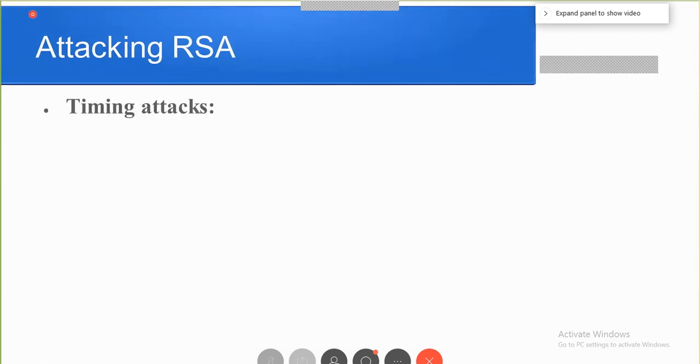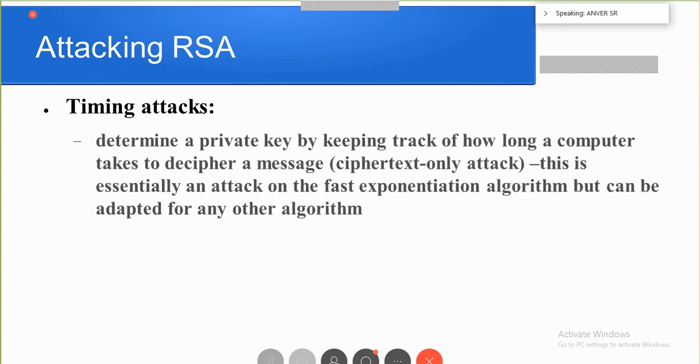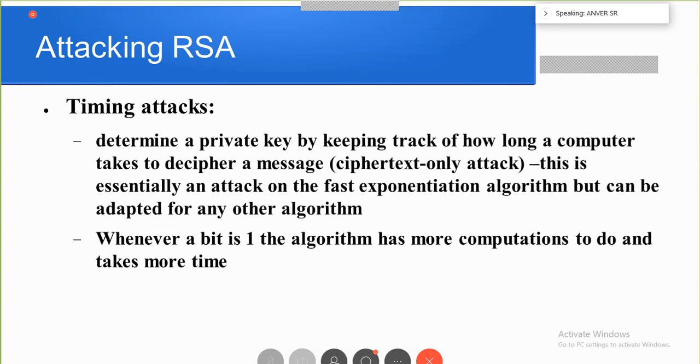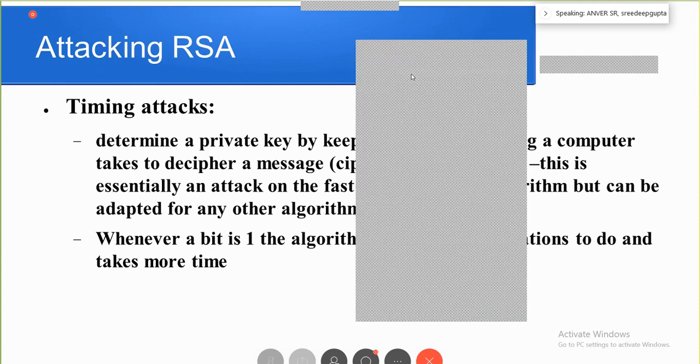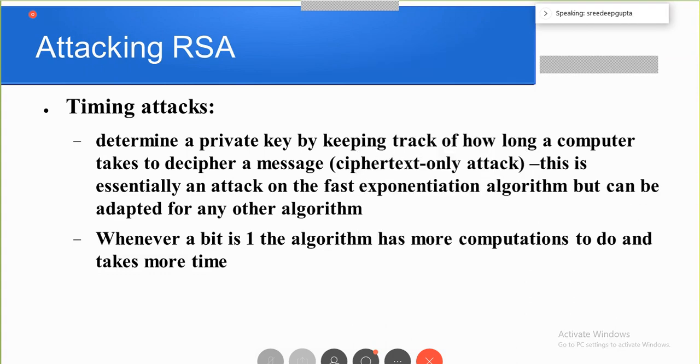The next major attack on RSA is called the timing attack. So what is a timing attack? It determines a private key by keeping track of how long a computer takes to decrypt a message.